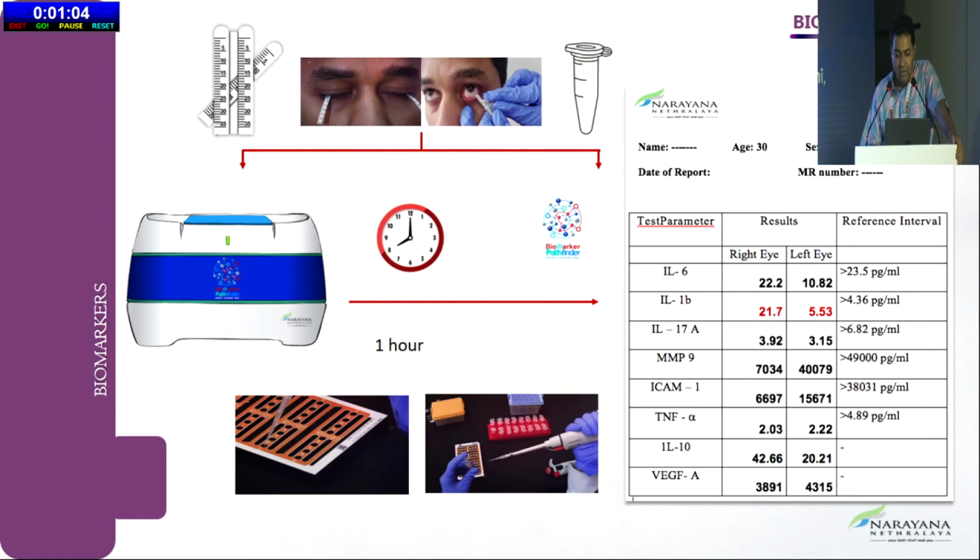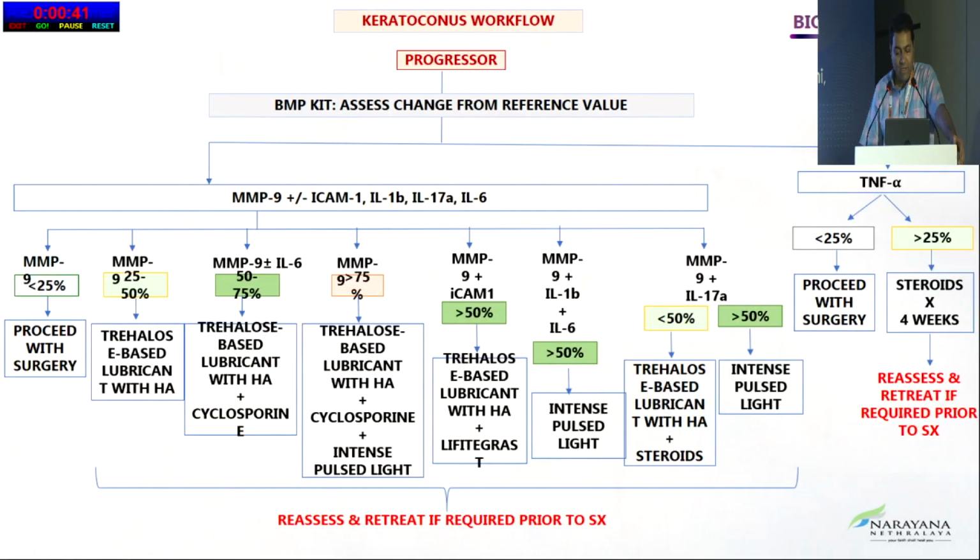So we developed our own biomarker kit from the tears, and we look at all the cytokines. Dr. Namrata mentioned ICAM1. Our kit is also able to look at ICAM1, so you can decide if it's high. In this case, the lifitegrast, what she said, may not work because there is no ICAM1 in this patient.